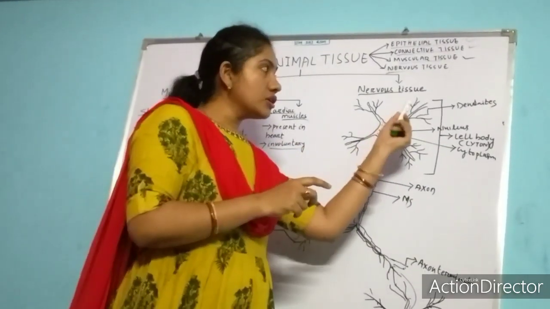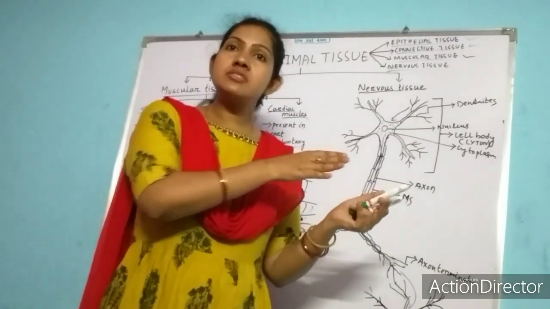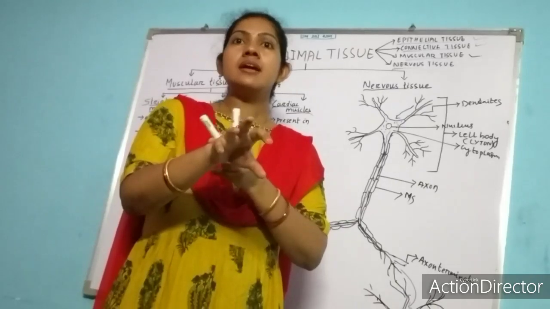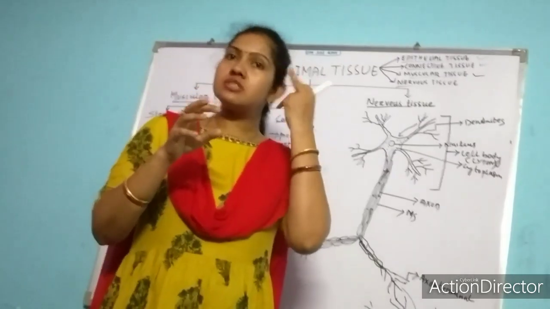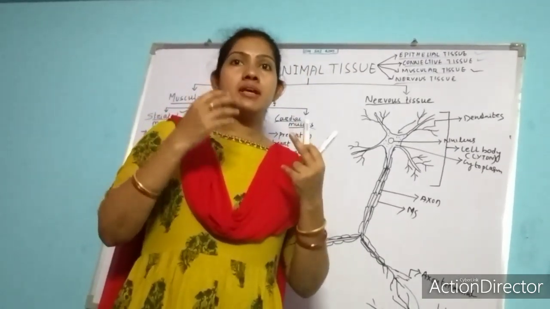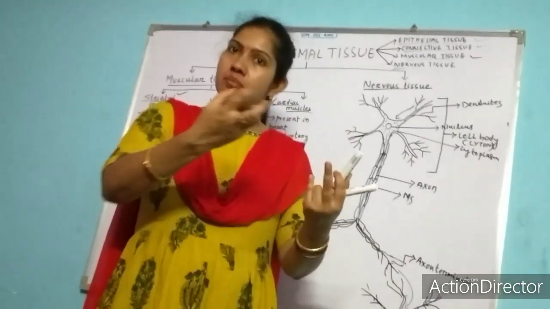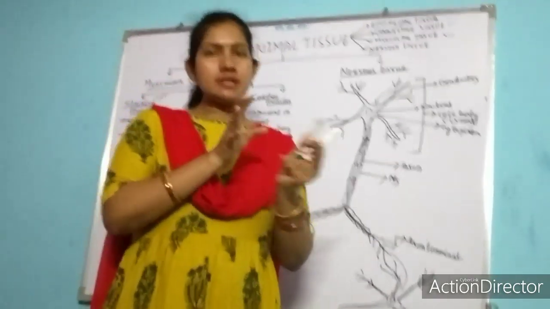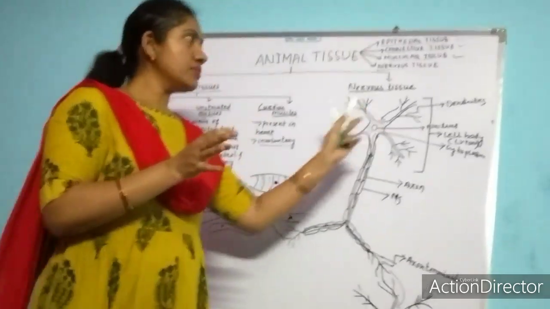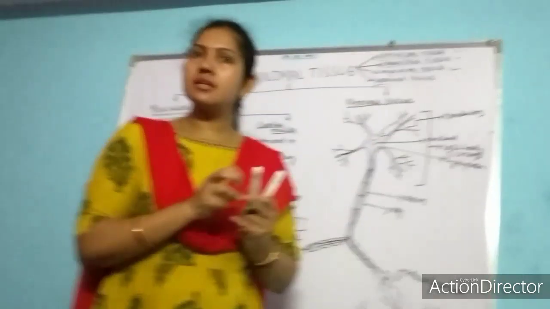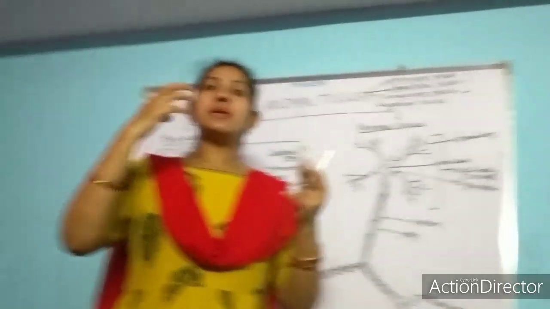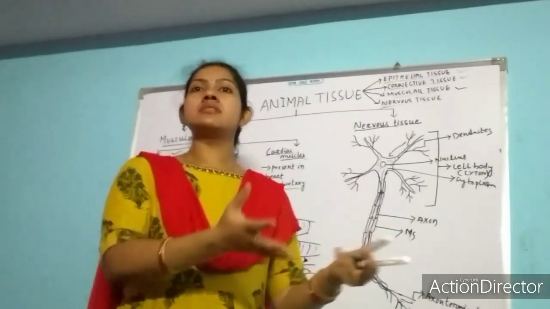Because their neurons are not functioning quickly. They are receiving the signal, but the signal takes a little time to reach the brain, so the brain's command also comes a little late. That is the other part. The main function of nervous tissue is to take the signal and send it to the brain, so that the brain can command.